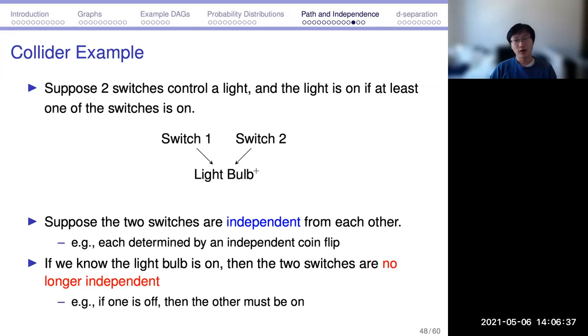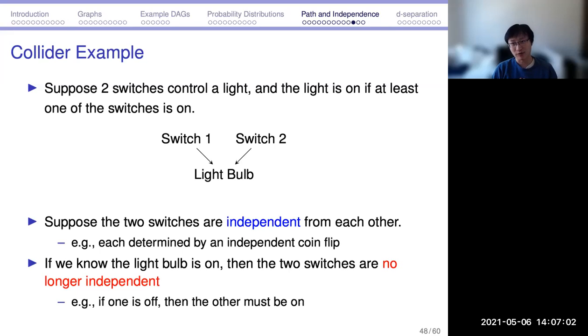Now let's see, what if we condition on the status of the light bulb? If we know, for example, the light bulb is on, that's the meaning of conditional on light bulb equal to on, then these two switches are no longer independent. Because if one of them is off, then the other switch must be on.